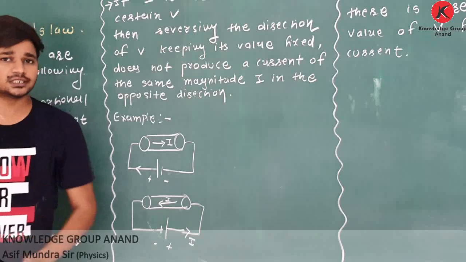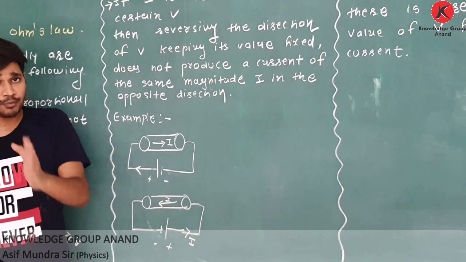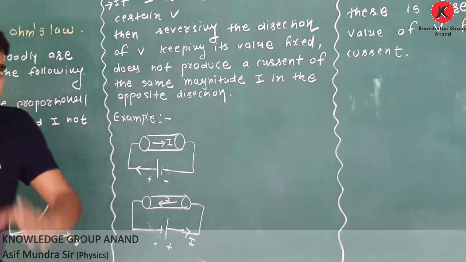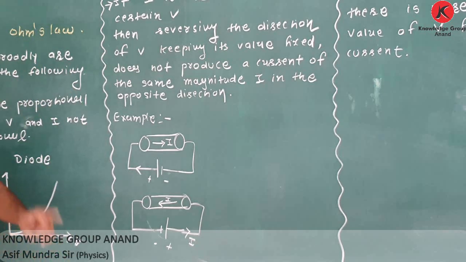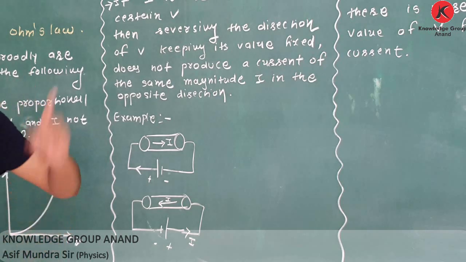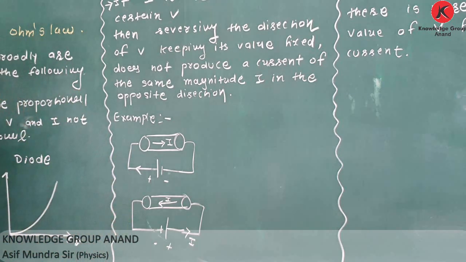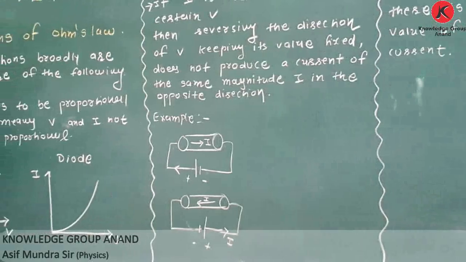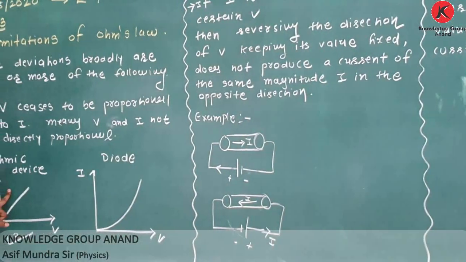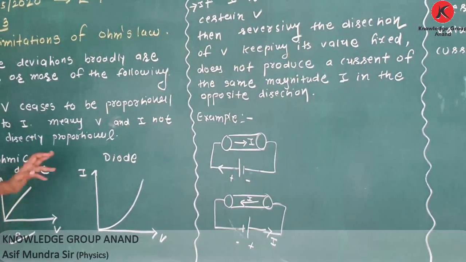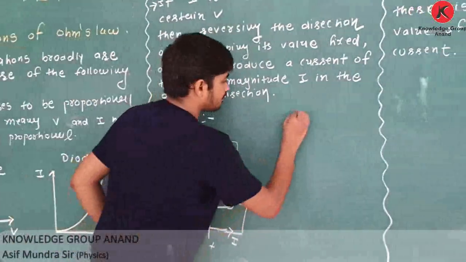For conductors obeying Ohm's law, if you find the relation between V and I in these two cases, it will be like this: V versus I, a straight line. Clear about this?